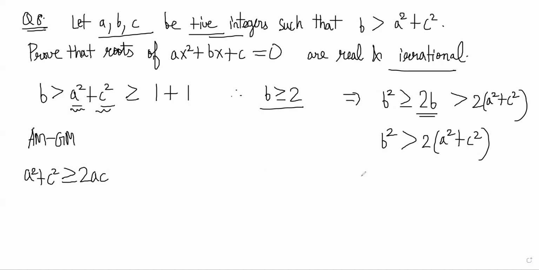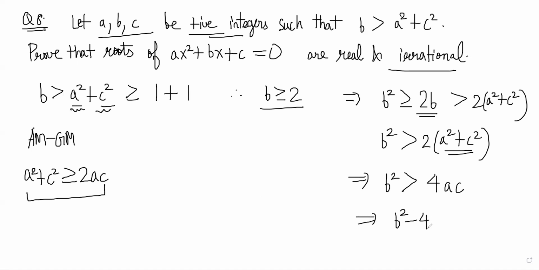So using that here, I'm getting b square is greater than 4 times ac, because instead of a square plus c square, I'll write greater than equal to 2ac. So this implies that b square minus 4ac is greater than 0. Therefore, the roots of this quadratic are real. We have already proved one half of the question.